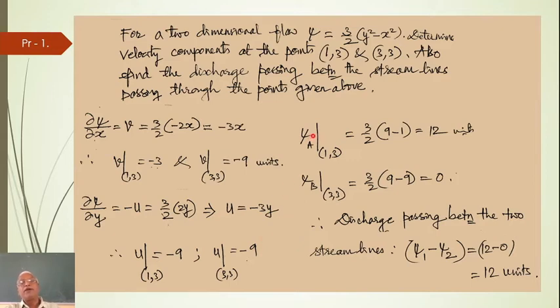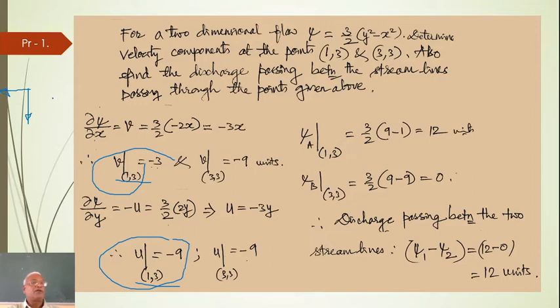We have found the velocity components at 2 points. If you want a resultant velocity, it will be different, because it is the same point and we have 2 components, one here and one here. If I try to draw, velocity v is minus 3, in the sense that it is downwards, and u is minus 9, so it is that way, 9.